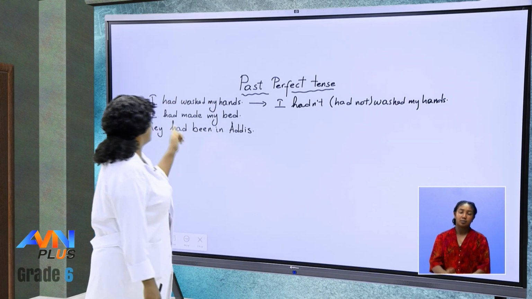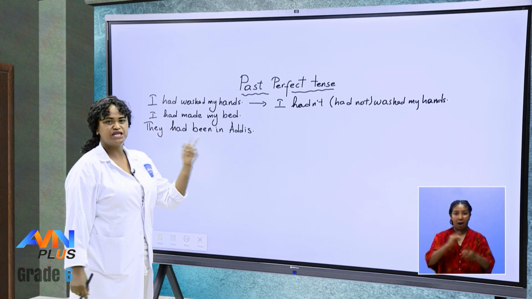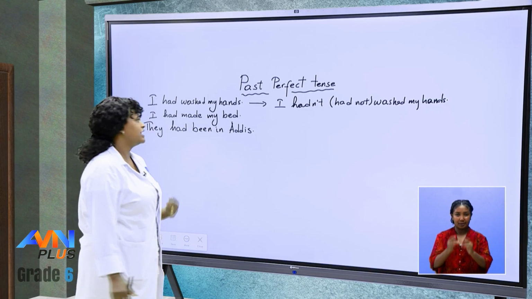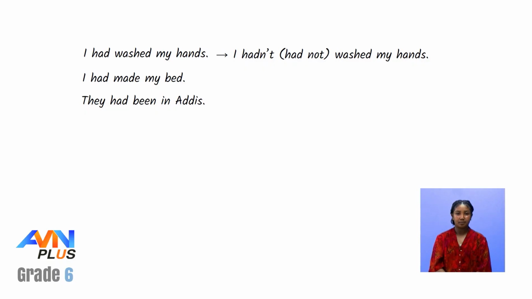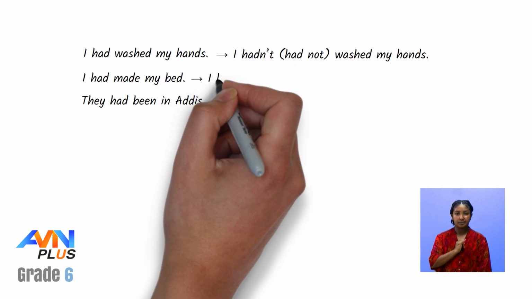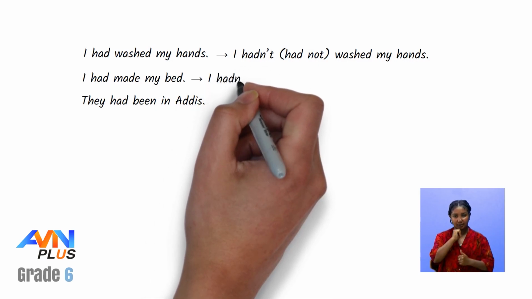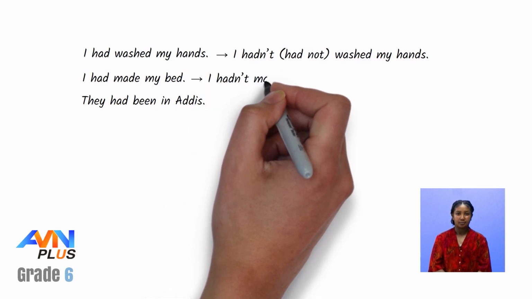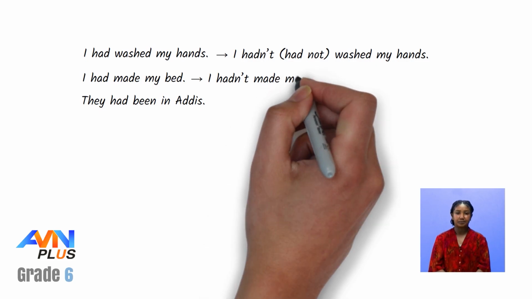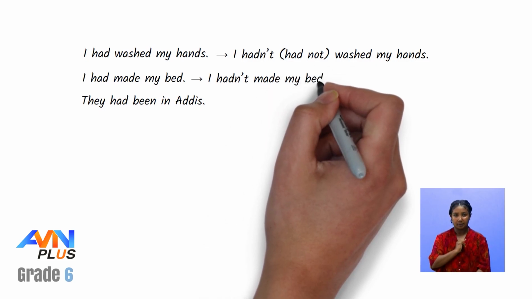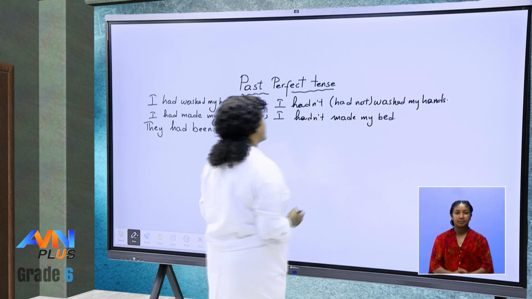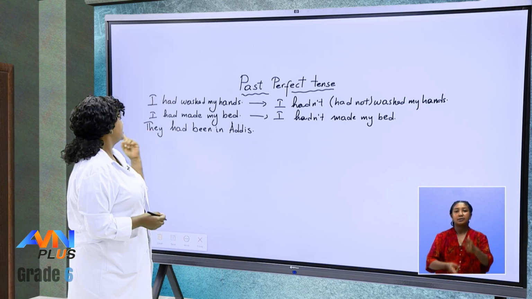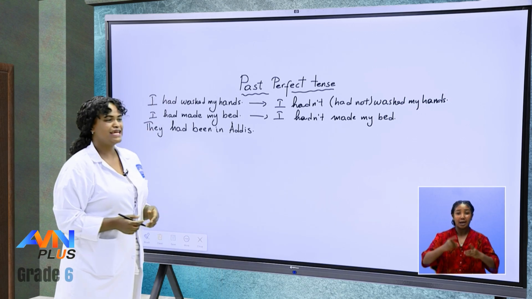All right, how about for this one? I had made my bed. Yes? I hadn't made my bed. Okay. The third one, they had been in Addis.